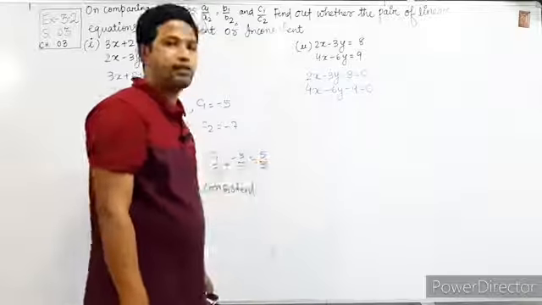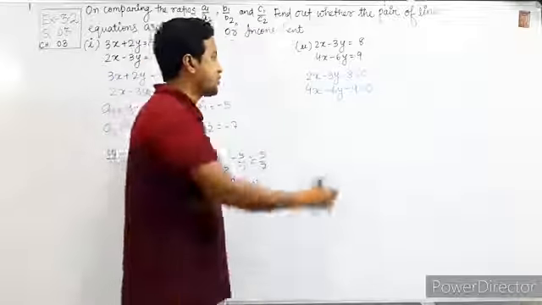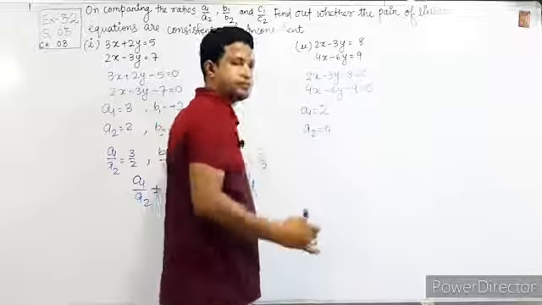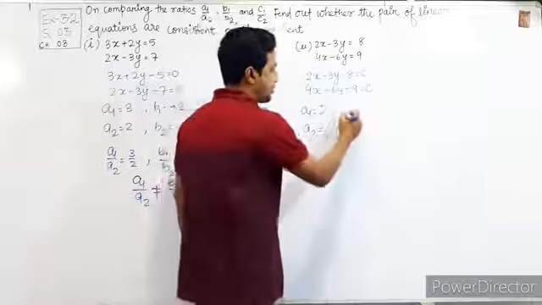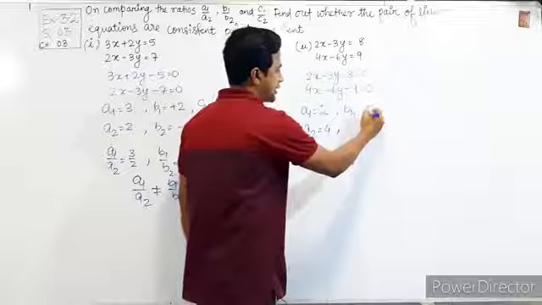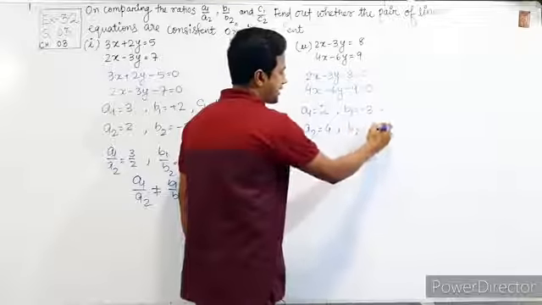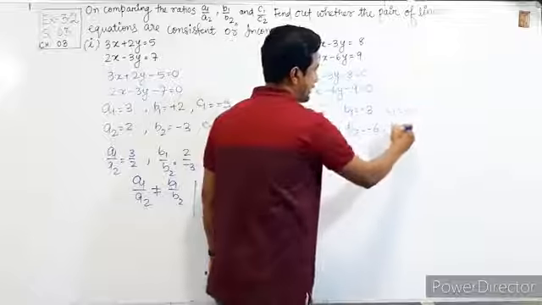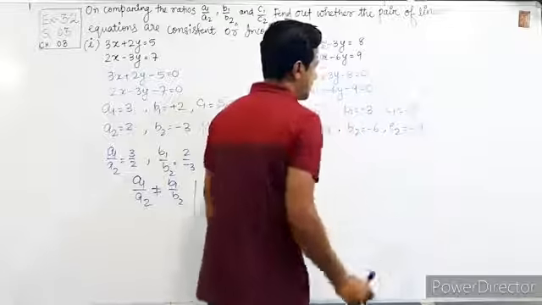Now again find out a1, a2, b1, b2 and c1, c2. The coefficient of x is 2, that is a1, and the coefficient of x in the second is 4. Now the next: b1 is equal to minus 3, b2 is equal to minus 6, c1 is equal to minus 8, and c2 is equal to minus 9.